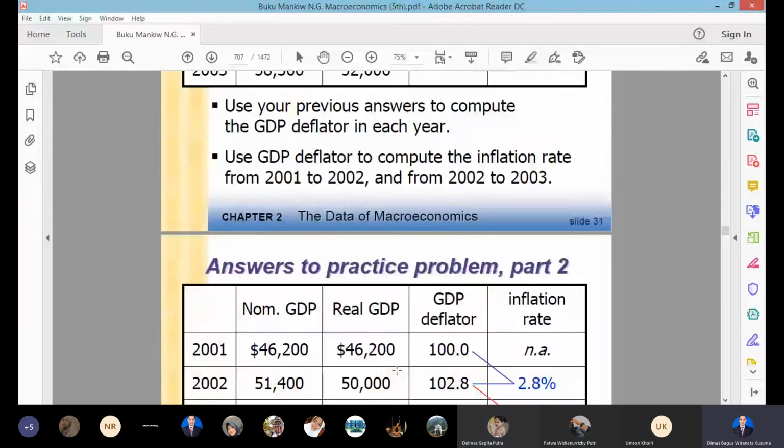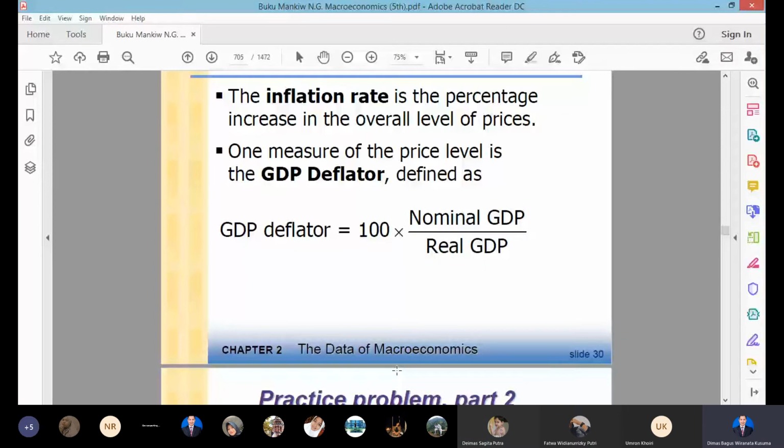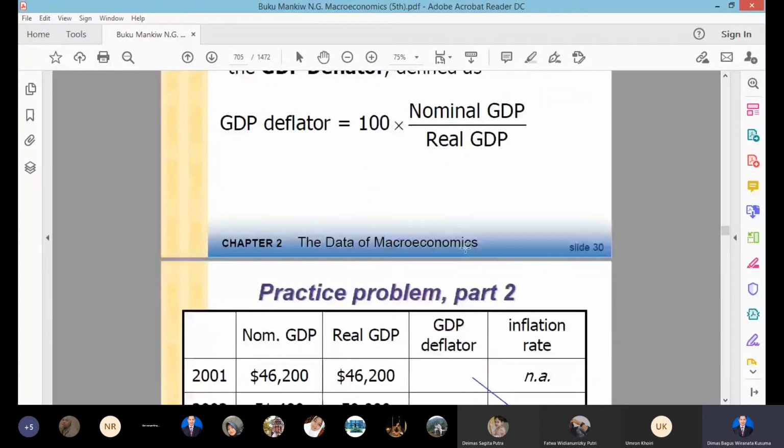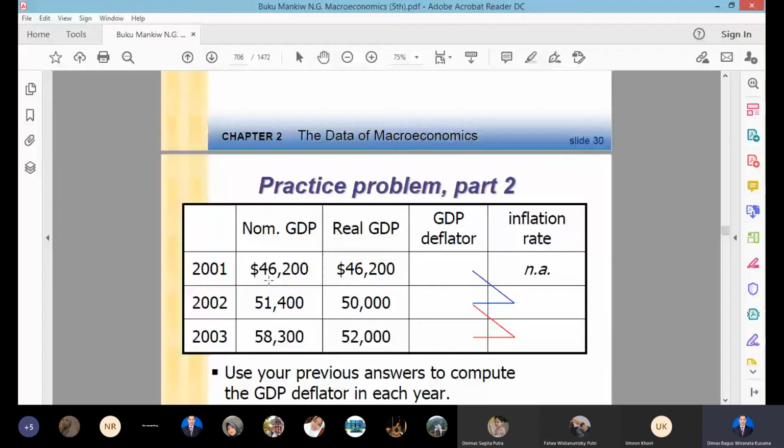Okay, the inflation rate is based on this formula, Dimas. To calculate the inflation rate, first of all, you have to find the GDP deflator. And GDP deflator is calculated as 100 times nominal GDP over real GDP. Here is the example. You have the nominal 46,200 and the real 46,200. So GDP deflator will be 46,200 over 46,200 times 100, which is 1 times 100.